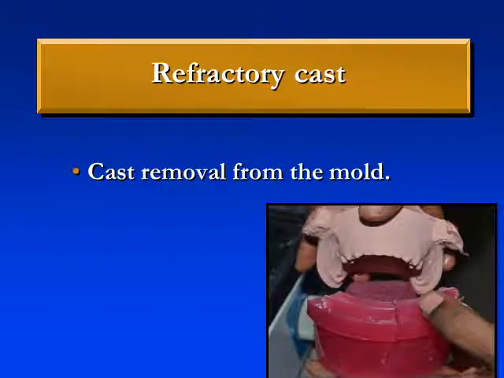Then, after setting, the cast is removed from the mold. Now, this cast is called the refractory cast. This cast is not the stone master cast. It is the refractory cast, which we use for the construction of the metal framework.